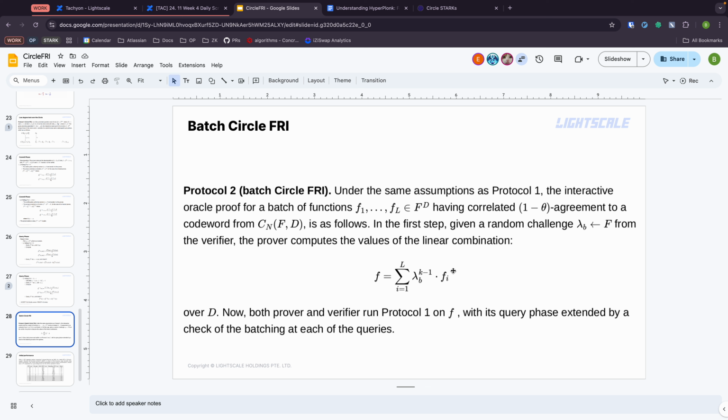We know that if all the f_i's are codewords, then f is definitely going to be a codeword, right? But from the verification perspective, let's say we only run the protocol on f, and we verify it is a codeword, but we don't know if these ones are codewords. So can we make a claim on that?